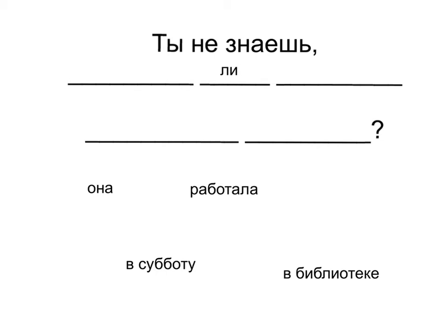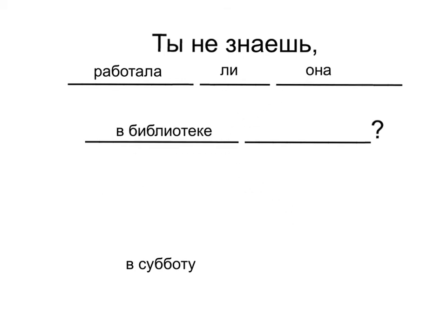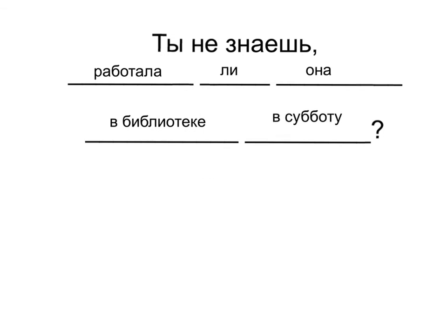If we put our most important word in the first position, we'll put the verb, because most often it's going to be the verb. Do you know whether she worked in the library on Saturday? Ты не знаешь, работала ли она в библиотеке в субботу?